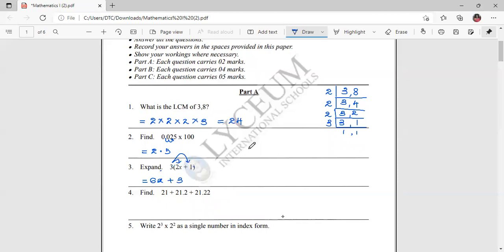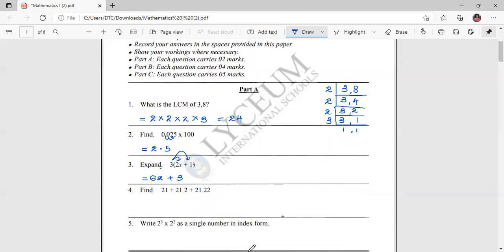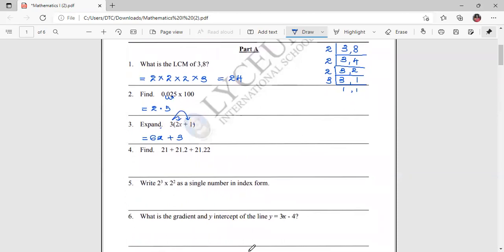Then the next one, you want to be mindful with the place values because it's a little bit confusing: 21, 21.2 and 21.222. The question is given in the horizontal way, but to do this, we want to rearrange it in the vertical way.